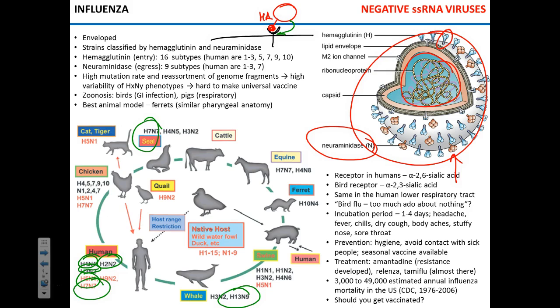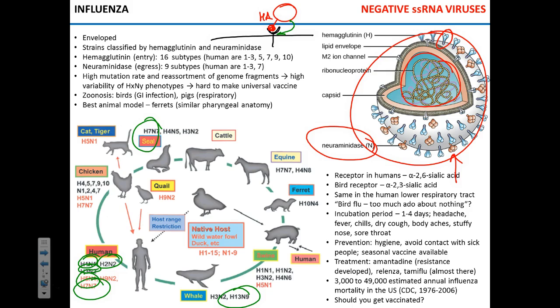Do you understand the idea of that combination? It's like lock and key. I hate this analogy, but I have nothing else. Okay. So when you hear things like H1N1 influenza, you know that it's a specific type of hemagglutinin, specific type of neuraminidase.